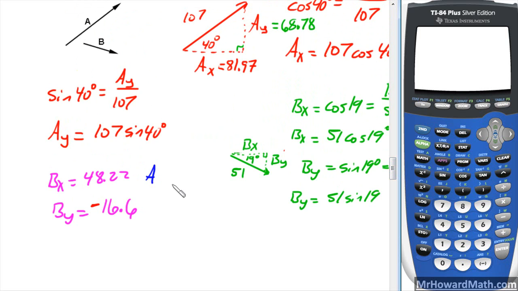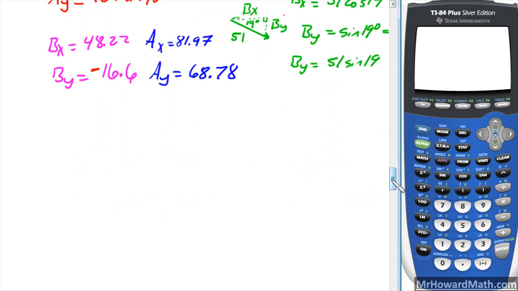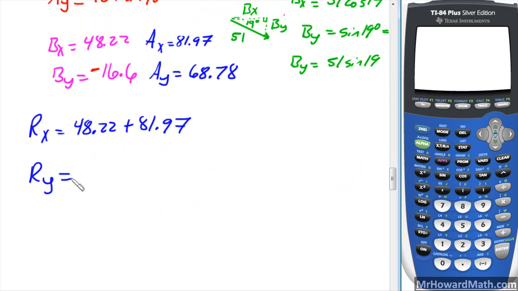So now that we have all of our components, for our vector A here, our horizontal component is 81.97, and our vertical component was 68.78. That was from this up here. Now we can combine them. So our resultant horizontal vector would be the 48.22 plus 81.97. Those are both positive. Our resultant y will take the 68.78 and subtract the 16.6 from it.